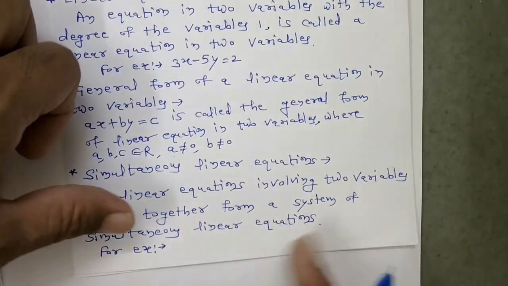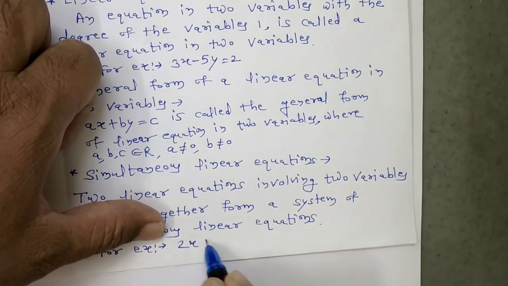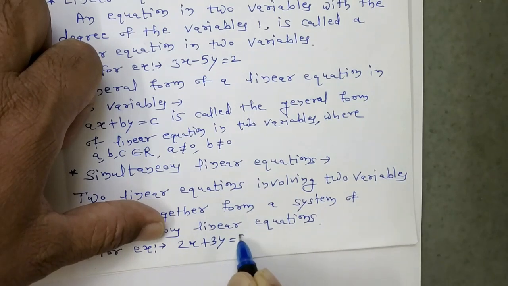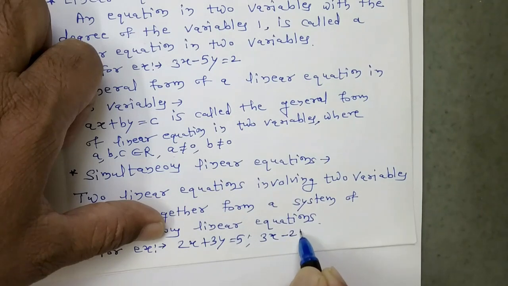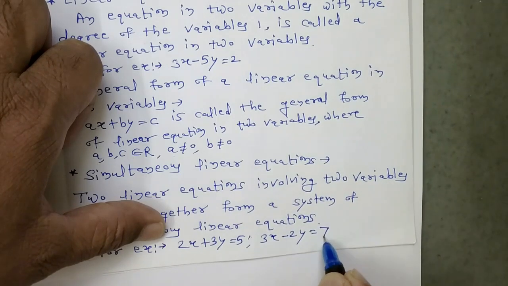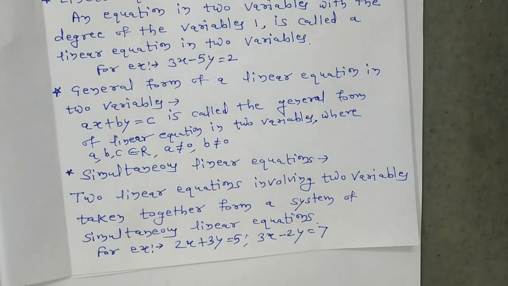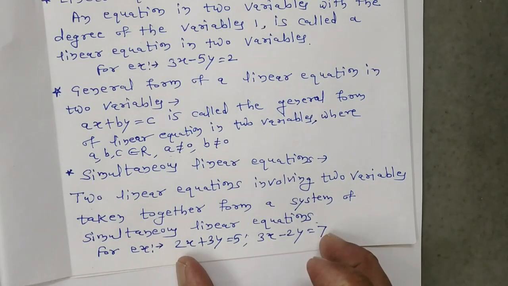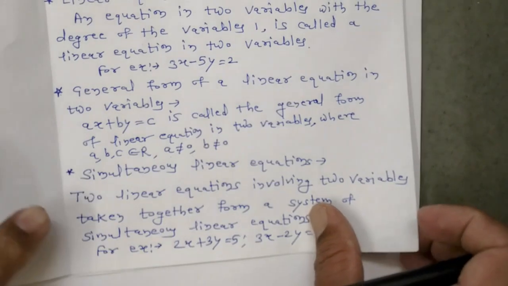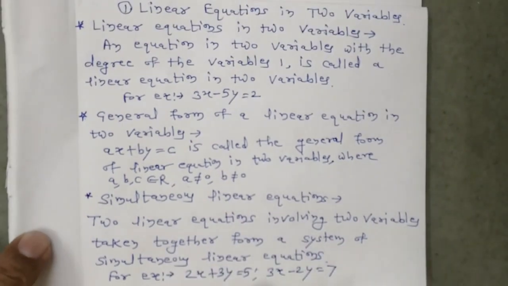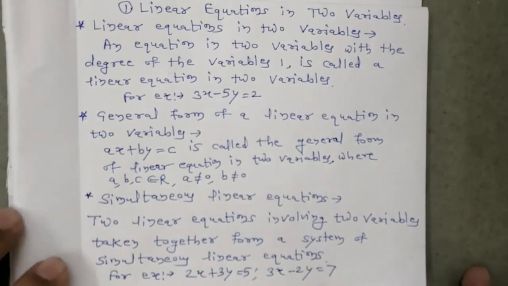For example, 2x plus 3y is equal to 5, 3x minus 2y is equal to 7. These two equations are in the form of simultaneous equations. Now, in this chapter, we have to see the solutions of this type of simultaneous equations.